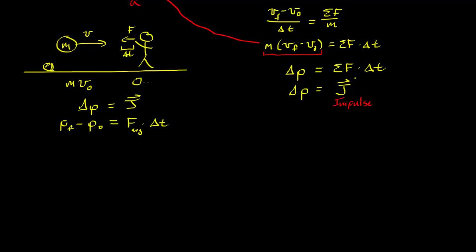So working here, our final momentum is 0. So we just get negative m v naught is going to be your average force times delta T. Moving this over, you get the average force is going to be negative mv naught over delta T. So that's how we would get our average force.